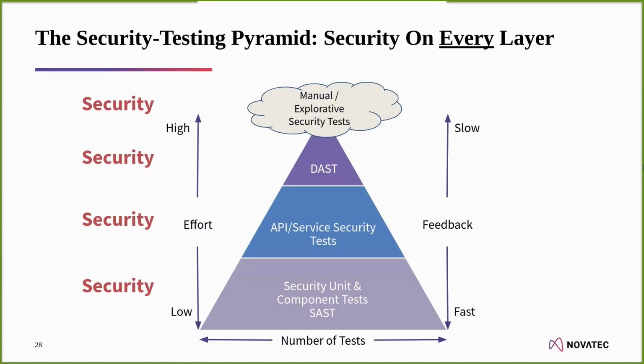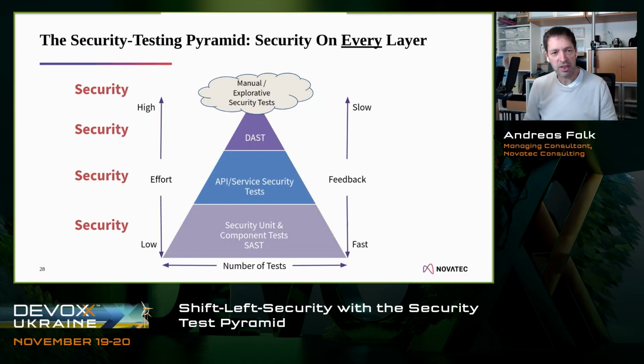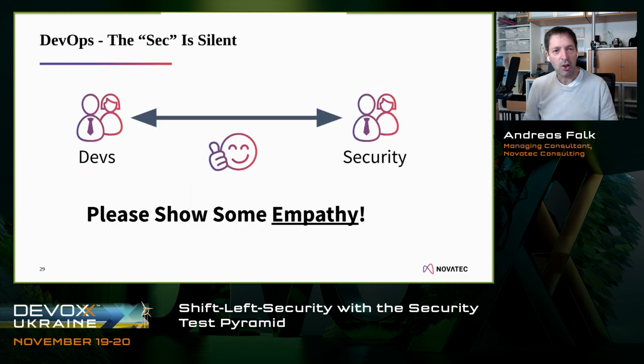As a summary, you should have security on each and every layer of your testing pyramid. So that is really the outcome of today. So put security tests on each and every layer here. And also very important, you may have heard DevOps, DevSecOps and stuff like that. So I see the Sec as a silent part of DevOps.